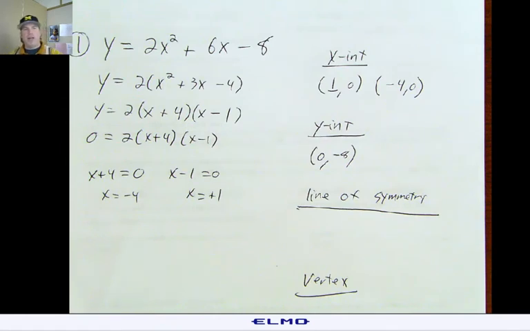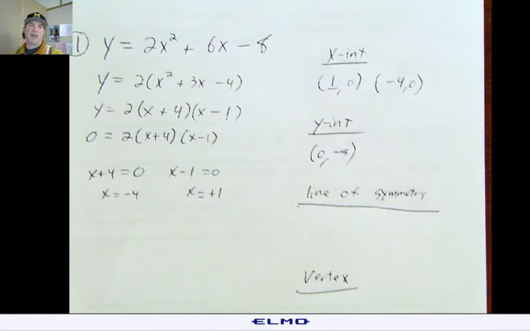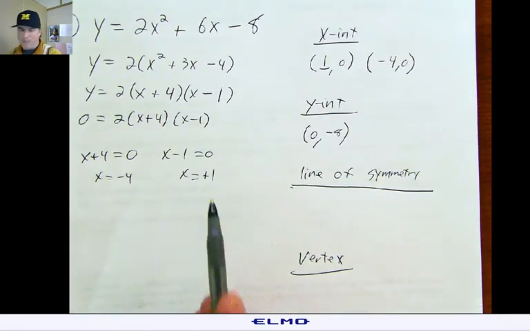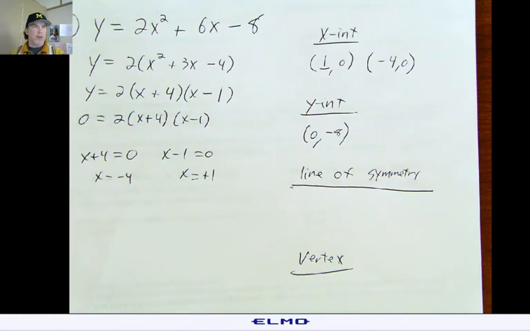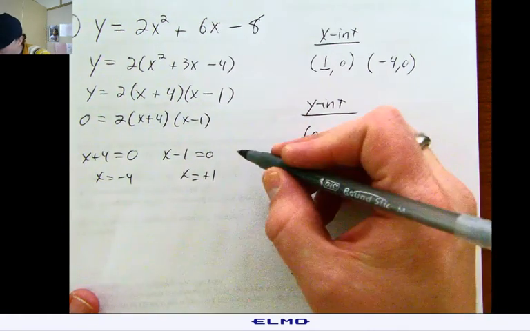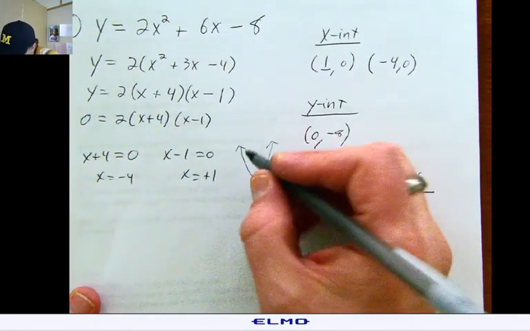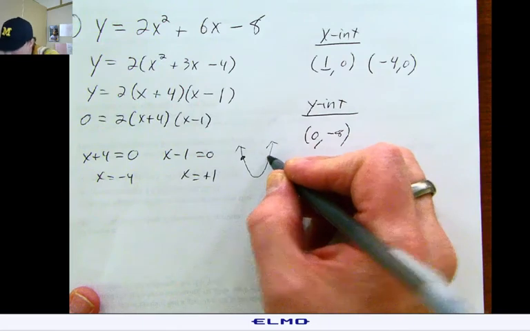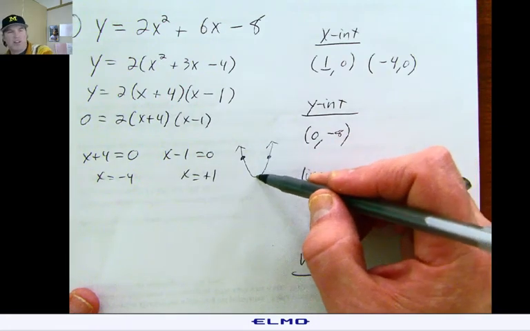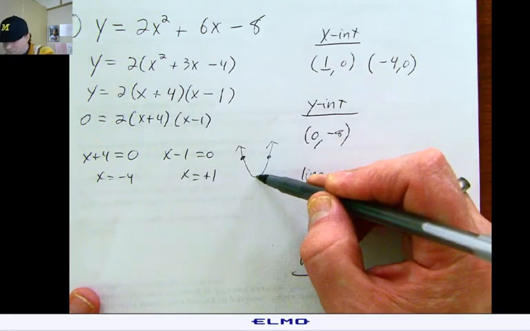How do we find the vertex when we know what the x-intercepts are? Well, a parabola has a balanced nature, it always looks like the letter U, a perfect U. If your x-intercepts are here and here, the vertex would always be in the middle.